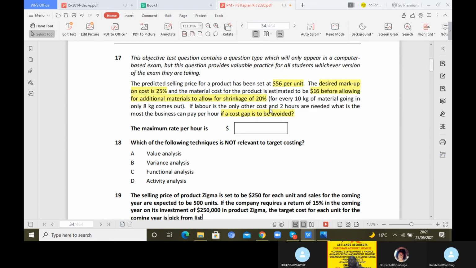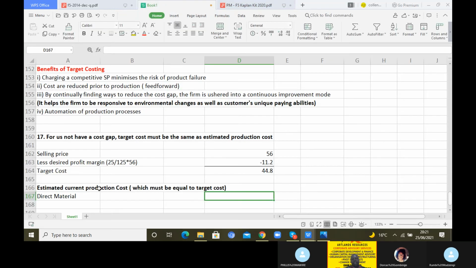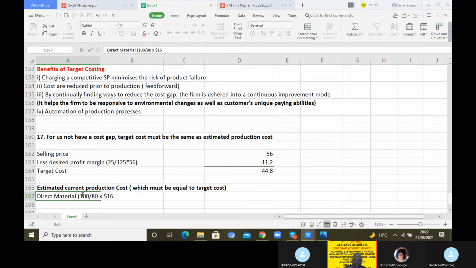So $16 is actually 80% after shrinking by 20%. So the direct materials that I put into the process should be 100 over 80, because the $16 is after shrinking. So direct materials equals 100 over 80 multiplied by 16.